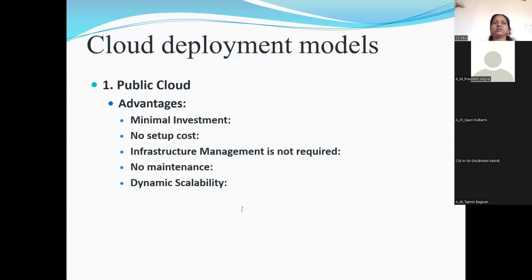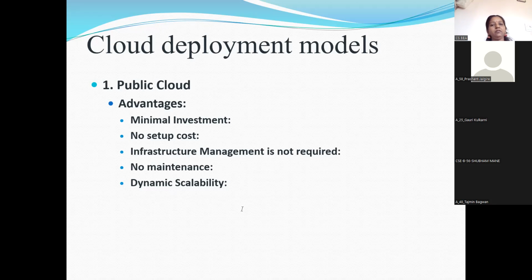So no need to go for any specific kind of infrastructure. Suppose you are using a high power server, at that time your server may need an air conditioned room, a particular sized room. So there is no need for such kind of infrastructure management over here. Then next is no maintenance. The maintenance work is done by the service providers only and not by the users.